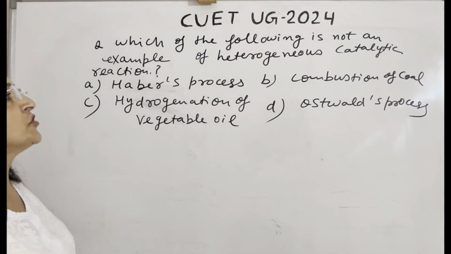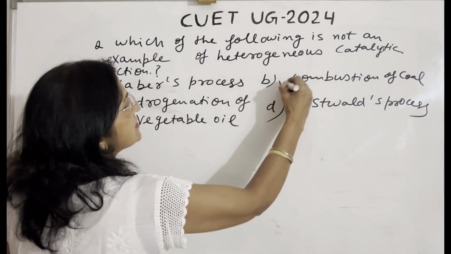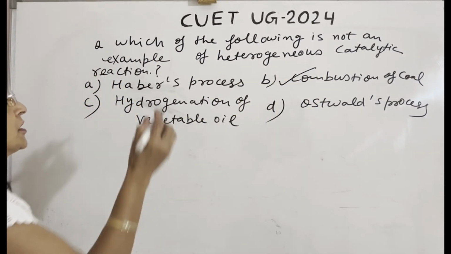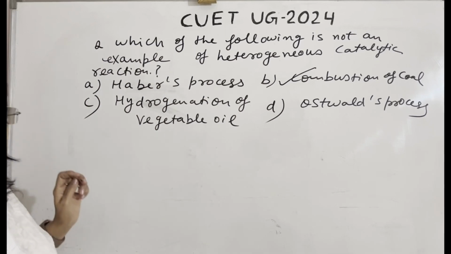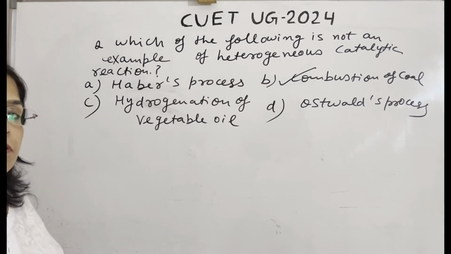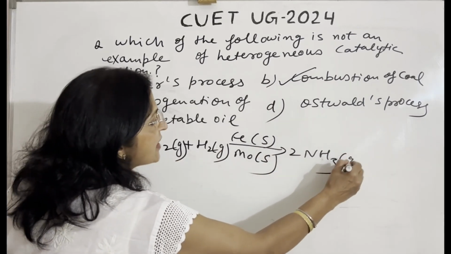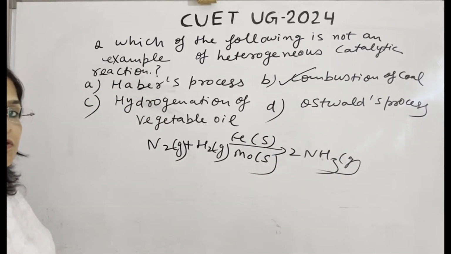Next question, which of the following is not an example of heterogeneous catalytic reaction? Answer is this. In the combustion of coal, no catalyst is required. Haber's process is the process which is used to manufacture ammonia. This is the Haber's process. Reactant and products are in the gaseous state and catalyst is in solid state.